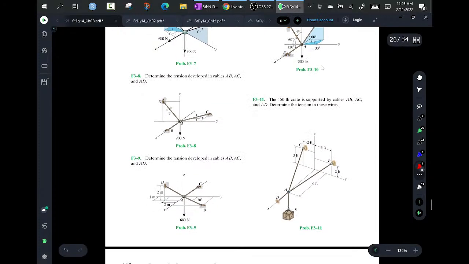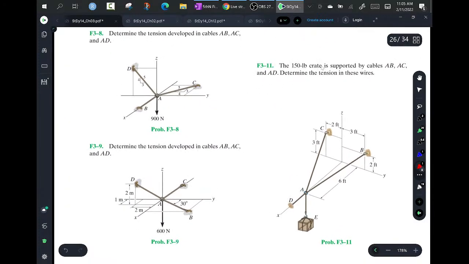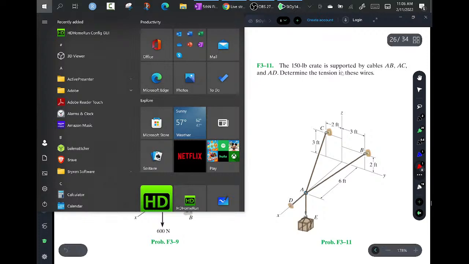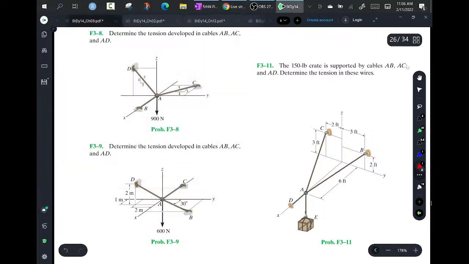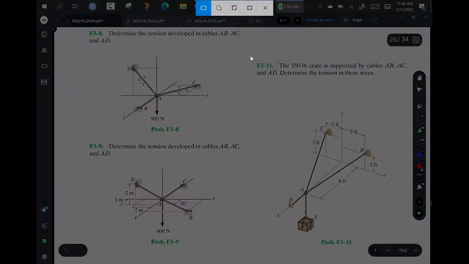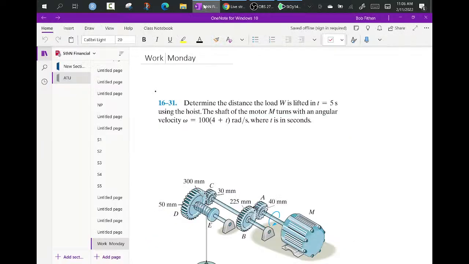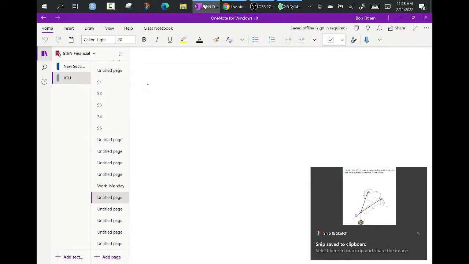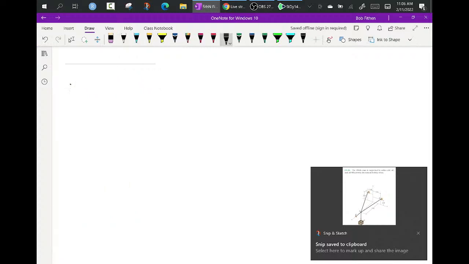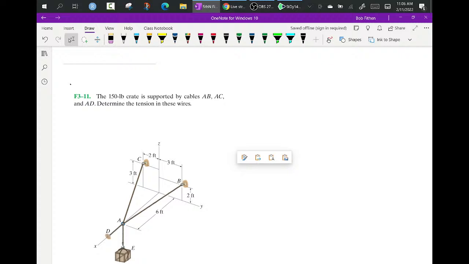These are the F problems, so that's as good as any. He wants us to determine, it says it's a 150-pound crate, the tension in these wires.